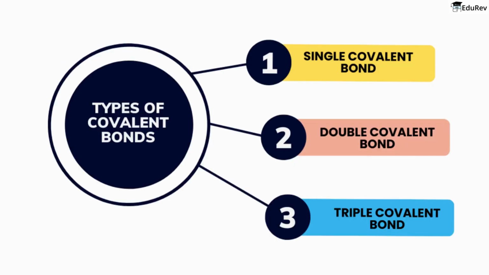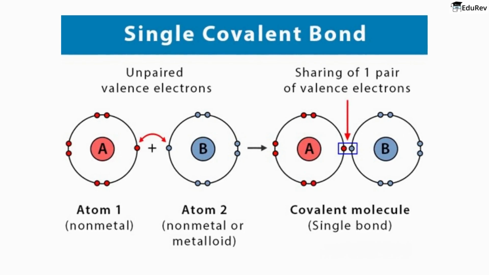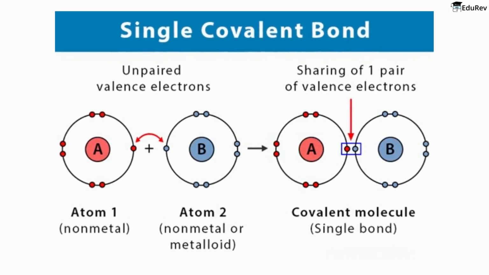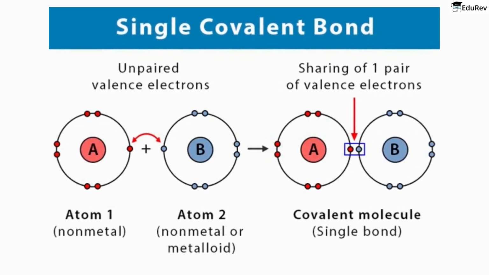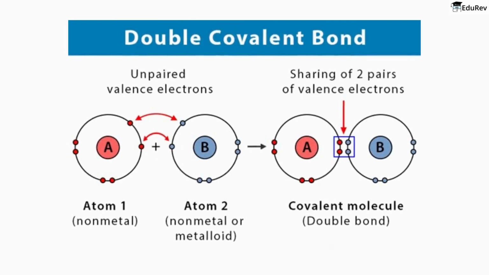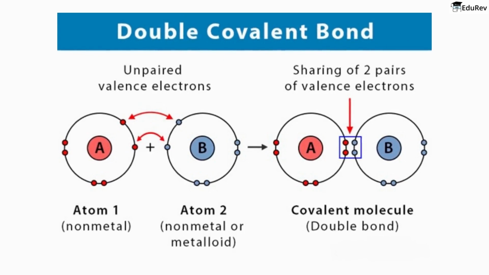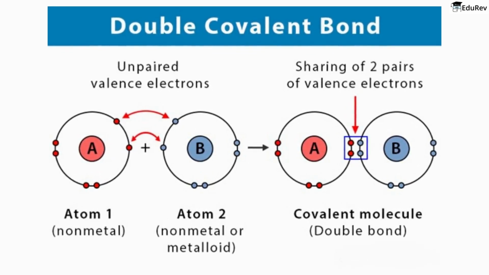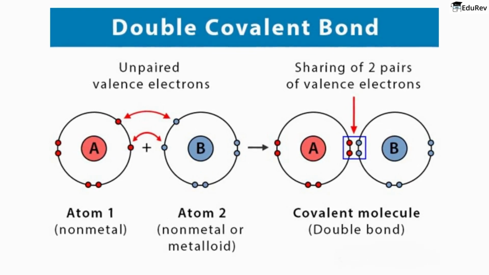From all the examples discussed, it is clear that covalent bonds are of 3 types: single, double, and triple. A single covalent bond is formed by the sharing of one pair of electrons between 2 atoms. For example, in hydrogen molecule. A double covalent bond is formed by the sharing of 2 pairs of electrons between the 2 combining atoms.